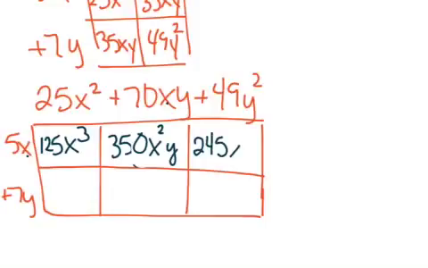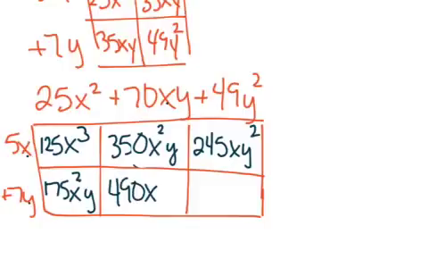And I've got an x and a y squared. Okay, now I've got 25 times 7, which is 175 x squared y. 70 times 7 should give me 490. x, and then I've got y and y, so it's going to give me y squared. And then 49 times 7 is 343 y cubed.